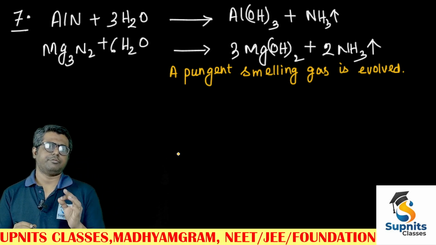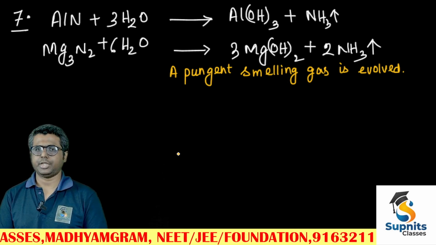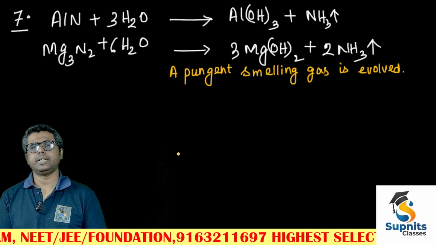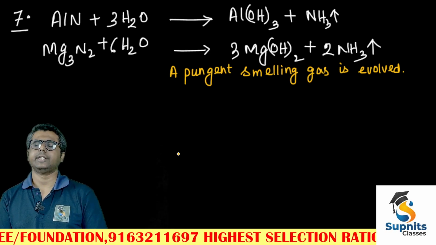And also a very important identification test for ammonia, which you may note down, that is, whenever a glass rod dipped in HCl is brought near ammonia, it gives dense white fumes.